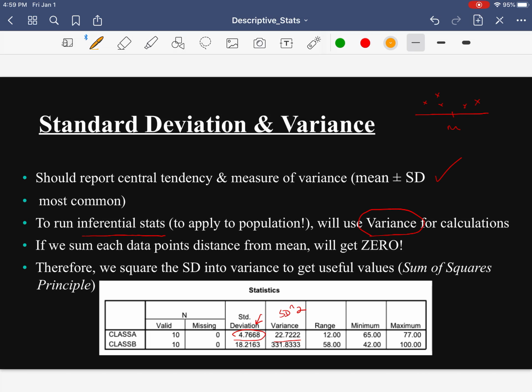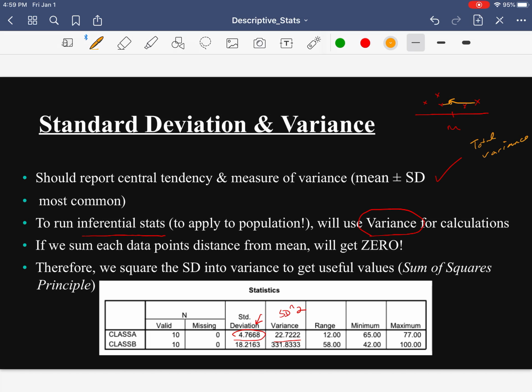One thing that we're going to need to do to run the inferential statistics is to calculate the total variance. So in addition to looking at how much each individual score varied from the mean, right? This X varied that much from the mean, but this X varied this much from the mean. That's each individual score from the mean.